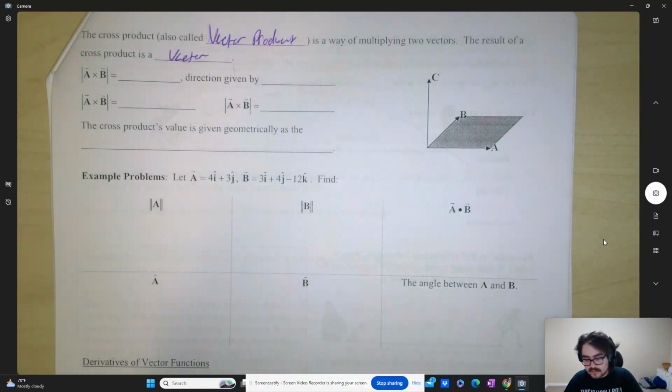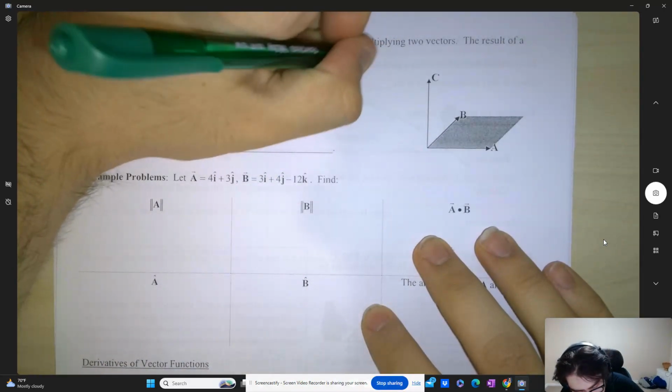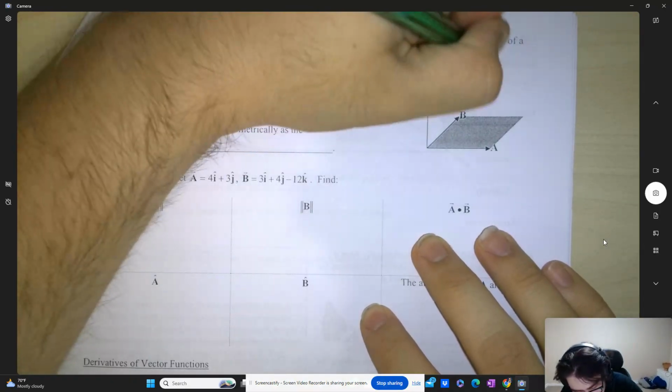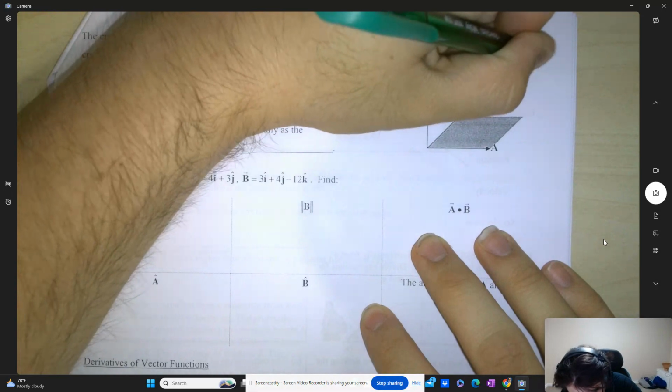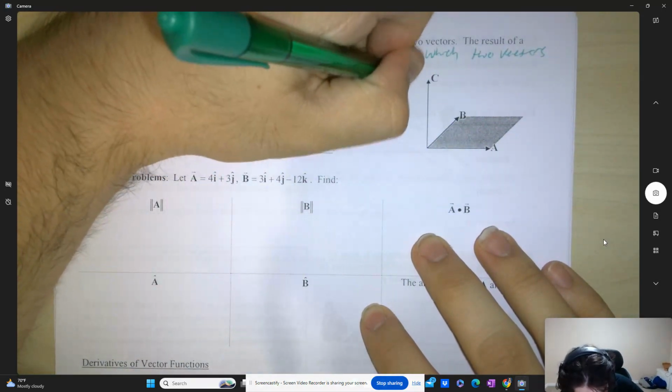Another way to define this is the degree to which two vectors have different directions.